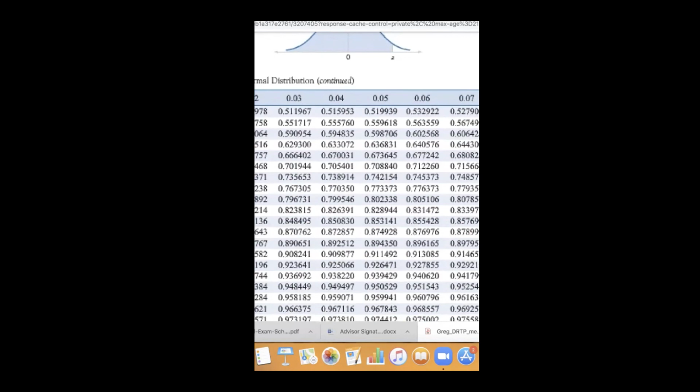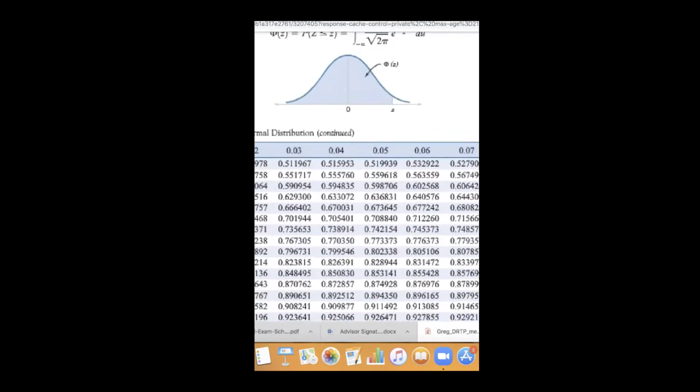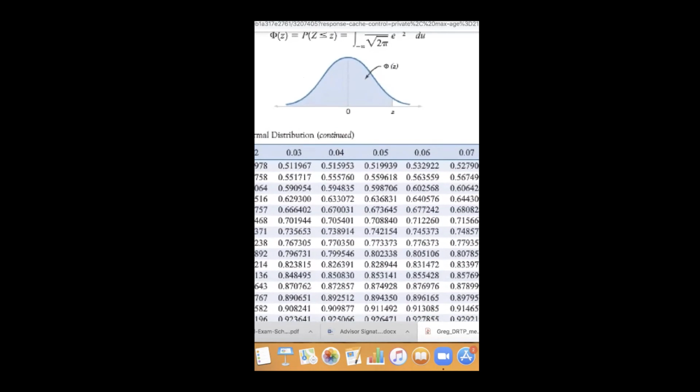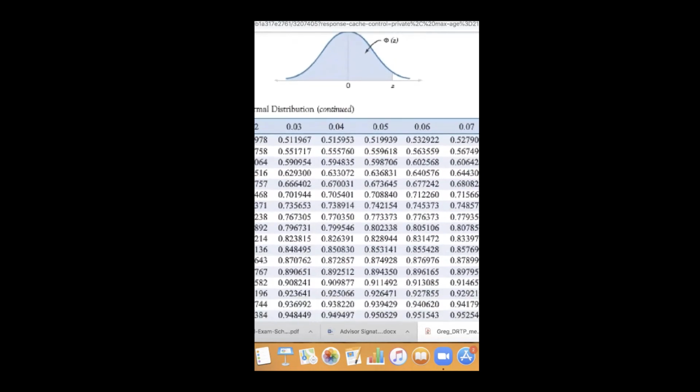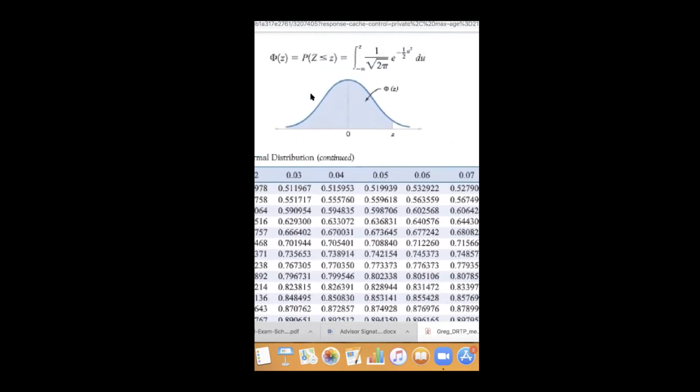If I just go to the z table, find z equals 1 and report this number, this is the probability of z less than 1.